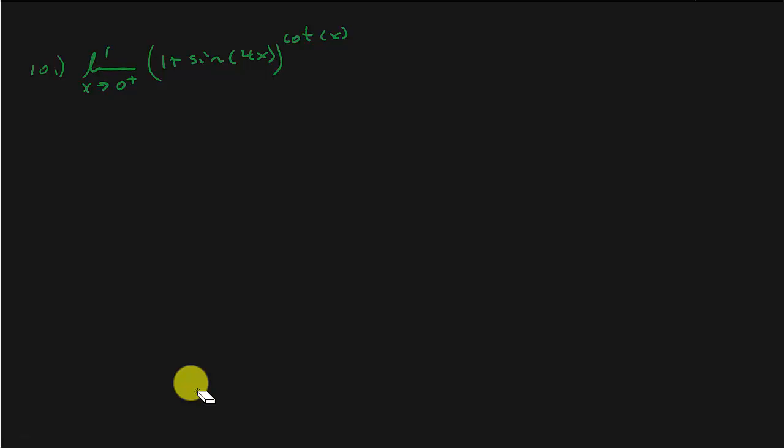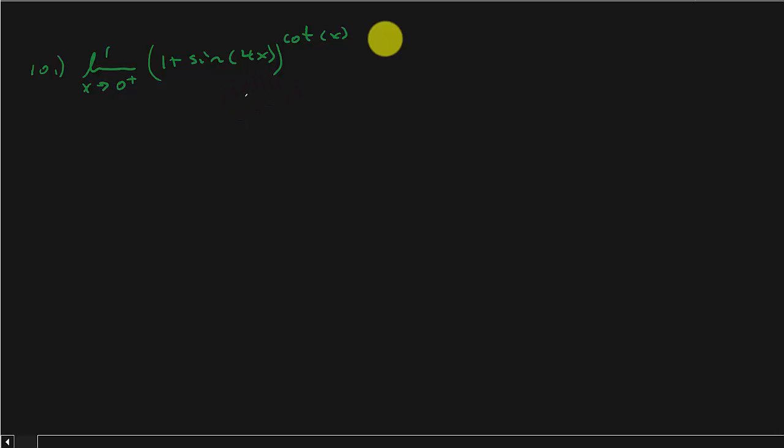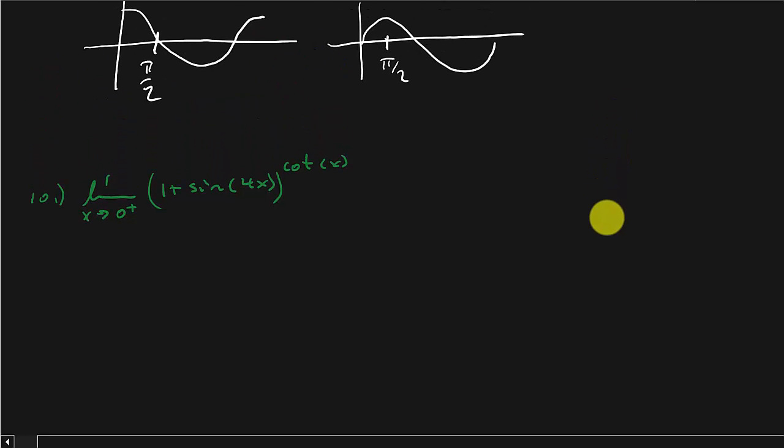We cannot say 1 raised to the infinity is 1. You can't do that. And there's different types of indeterminate powers that you might get. I'll just write them right up here. You may get 0 to the 0.